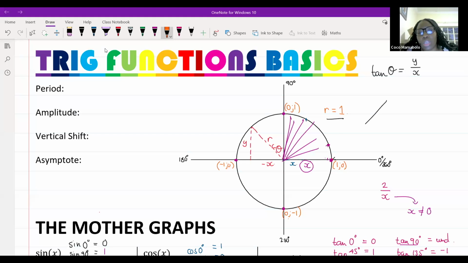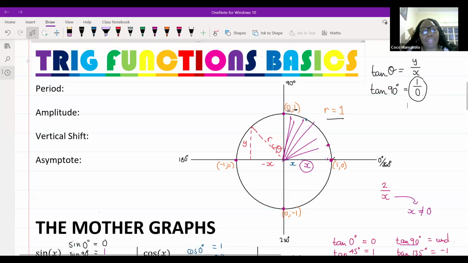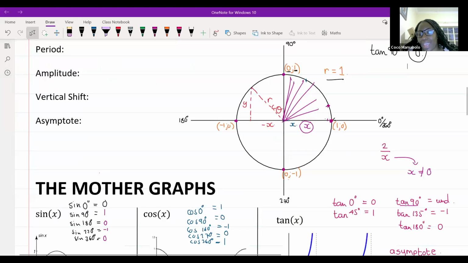If I put these two values in, I get that tan at 90 degrees is equal to my y value, which is 1, over my x value, which is 0. That gives me an undefined value, and that is why tan of 90 degrees gives us a maths error. We're not going to be able to find a value.